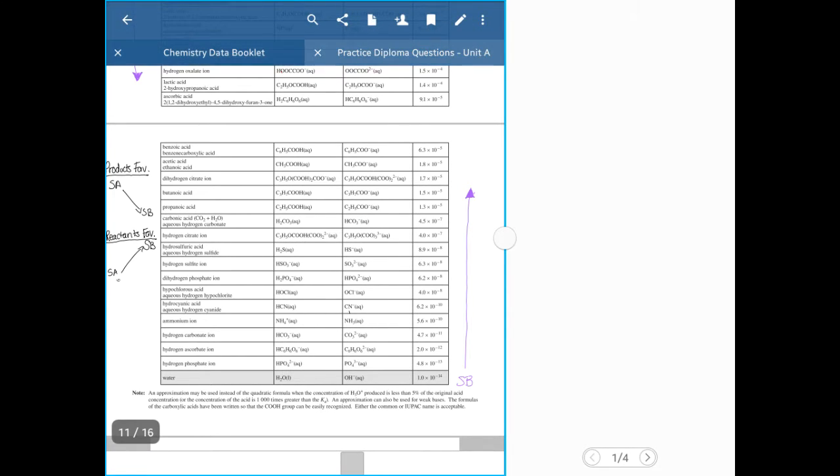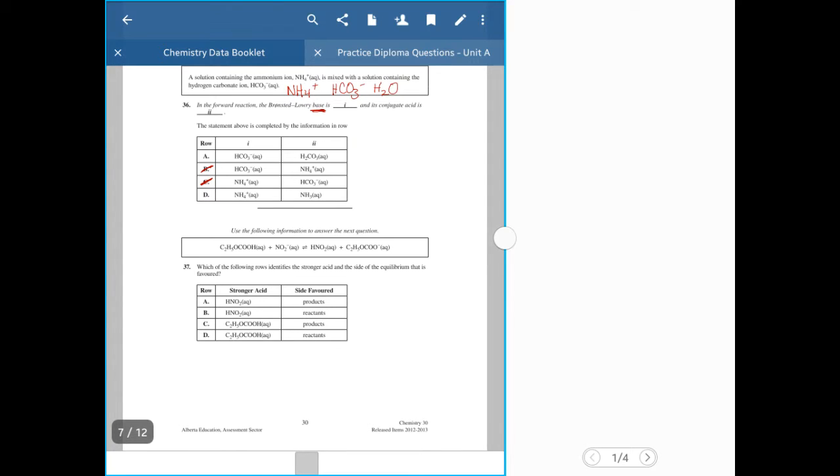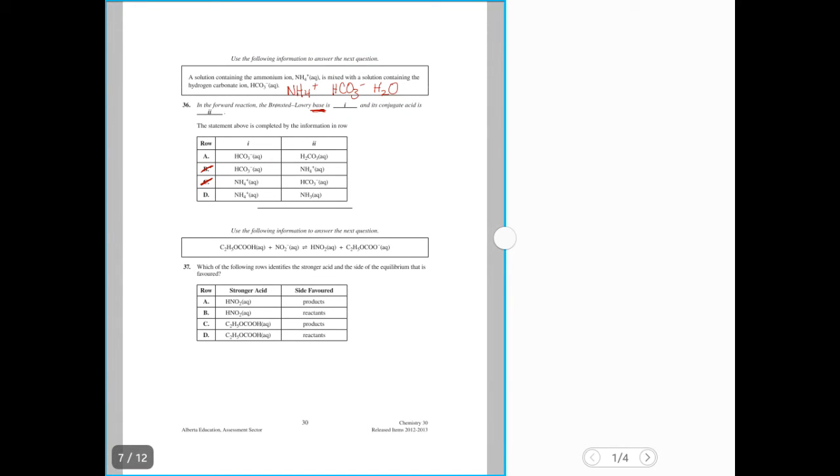So when I go back, there we go. My strong acid is my ammonium, and my strong base is my hydrogen carbonate ions.